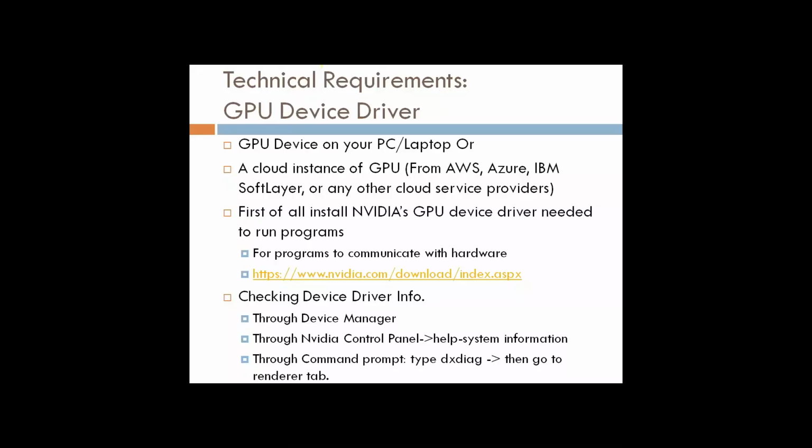We have to check on NVIDIA's website whether our card has CUDA capability or not. If it does, we first install the device driver that is available on NVIDIA's website. So the first step for making our machine ready is that our laptop or desktop must have a GPU. Then we must install its device driver.